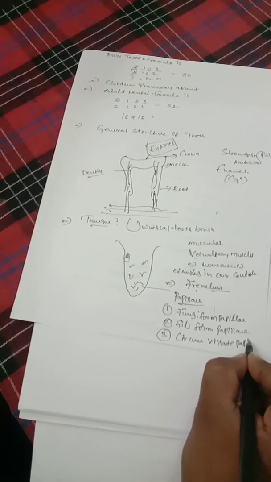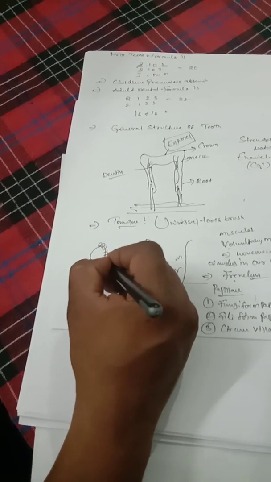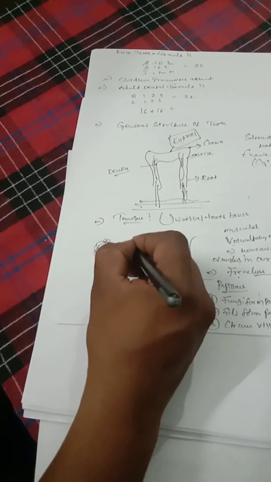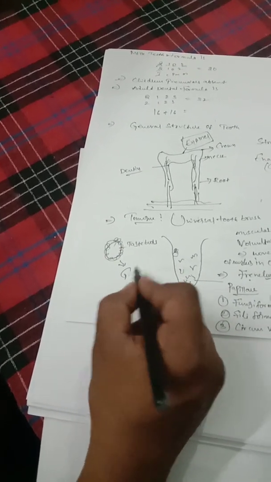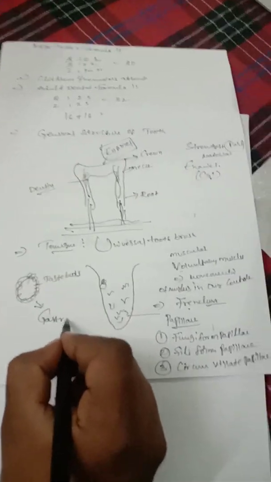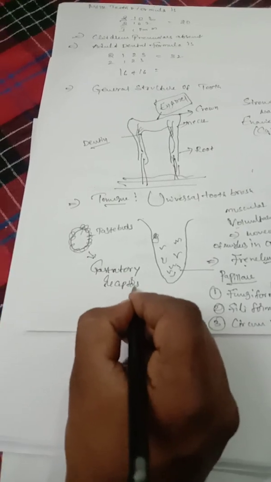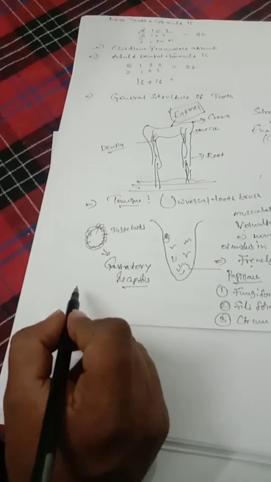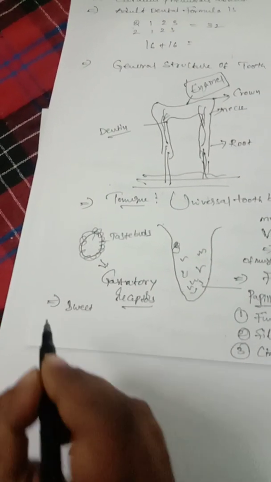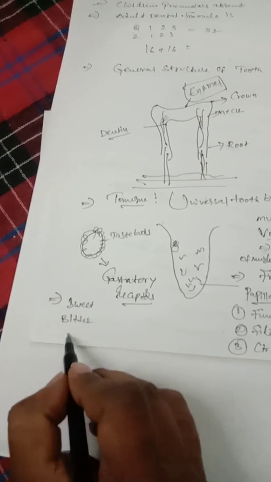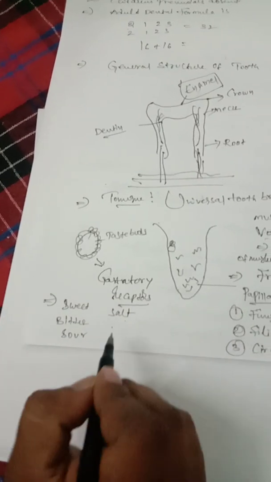On the papillae there are taste buds, and these taste buds have special sense organ related structures called gustatory receptors. There are different types of taste buds, like sweet, bitter, sour, salt.